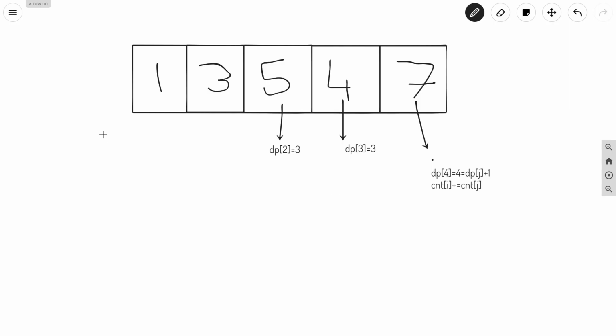So basically what we are doing, we are just storing the value of dp, that is nothing but the length of lis which is ending at a particular index.